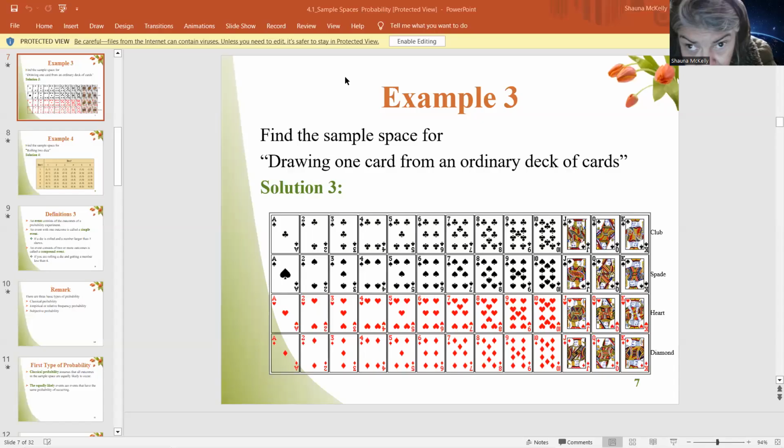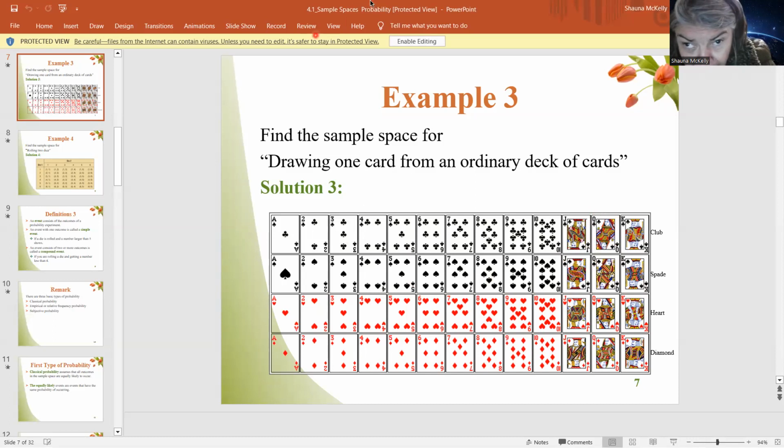She's right here. She's the queen of clubs. There is no other queen of clubs. That's the only card, so there's only 1 card in our event space here.